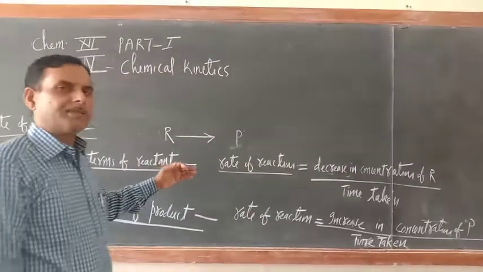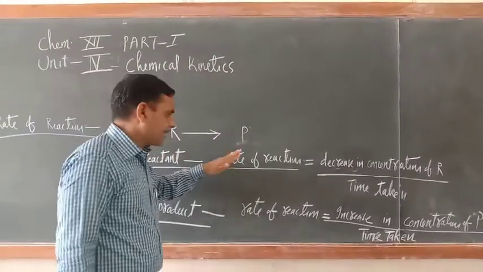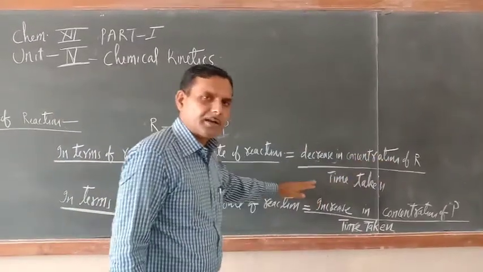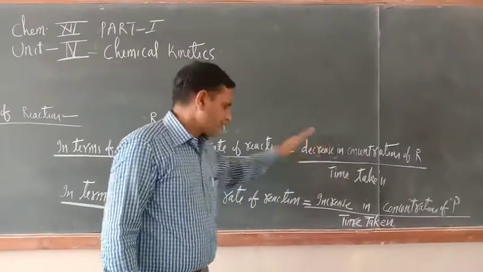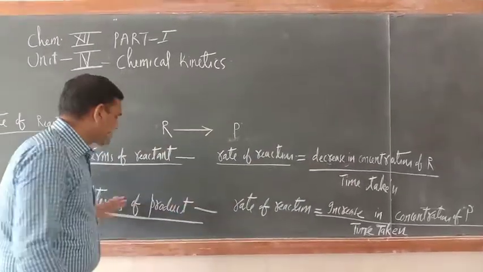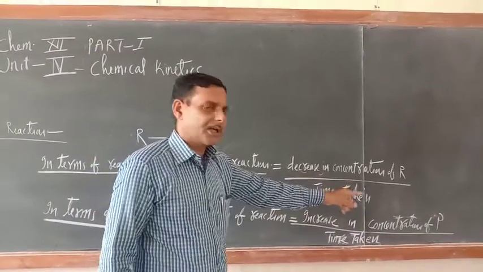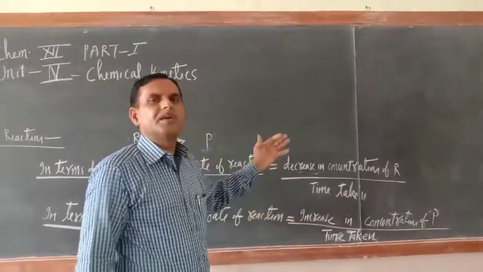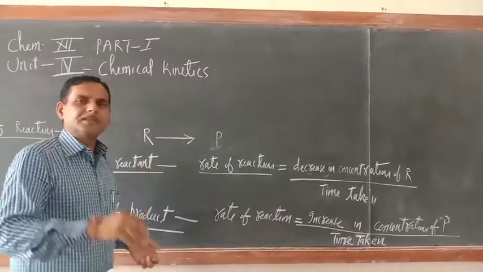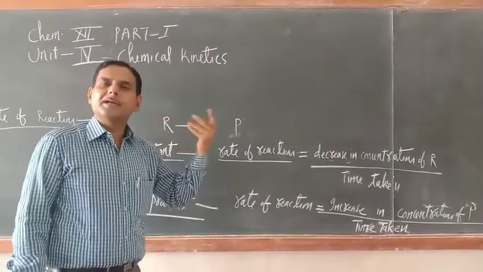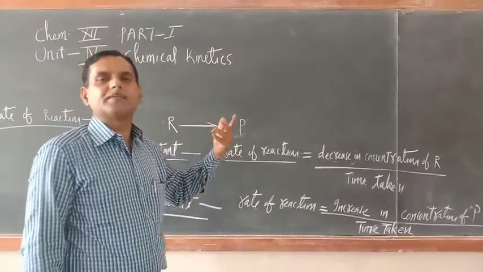So, as I have already written here, rate of reaction equals decrease in the concentration of R divided by time taken. Similarly, in terms of product, rate of reaction equals increase in the concentration of product divided by time taken. So rate of reaction we can define in two ways, in terms of reactant and in terms of product.